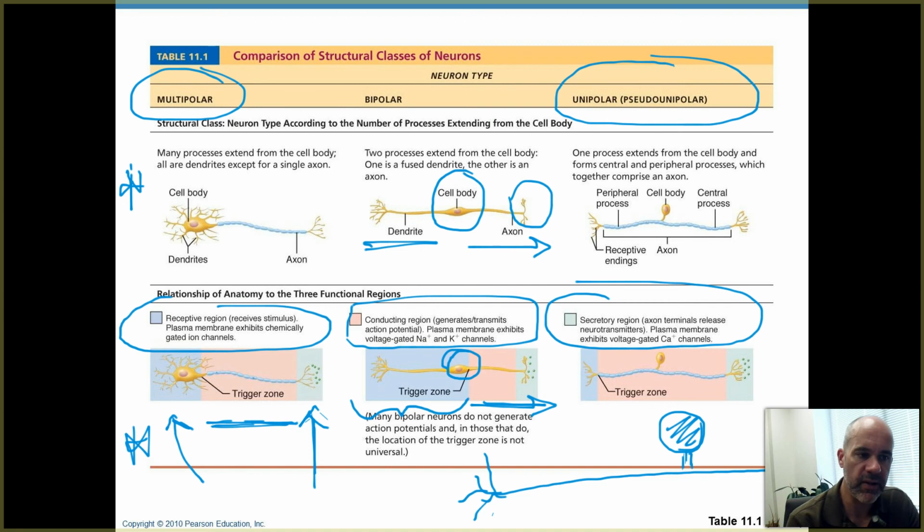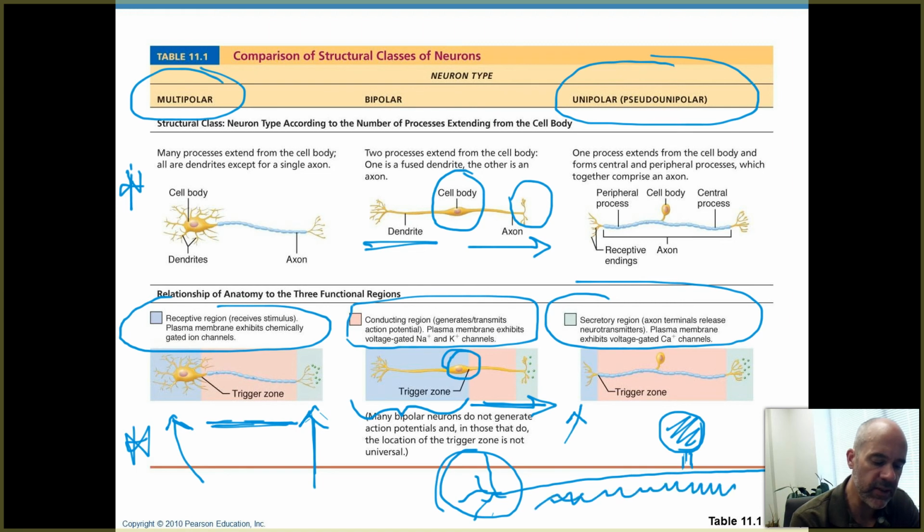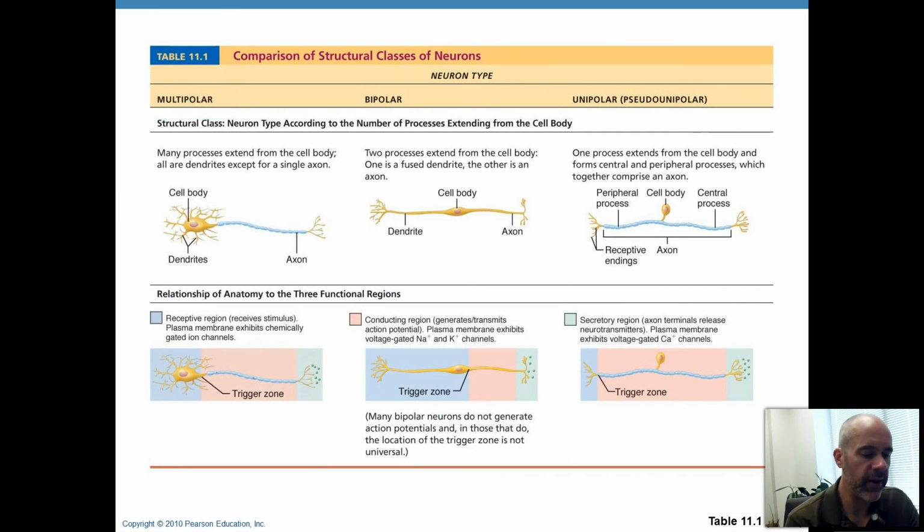This is your signal receiving area that they've highlighted in blue right there. And then if you get enough depolarization and this neuron needs to generate an action potential, it starts over here and extends all the way along that process. And then finally you reach this other end, and this is your secretory end where neurotransmitters, or chemicals, are going to be released from that neuron.